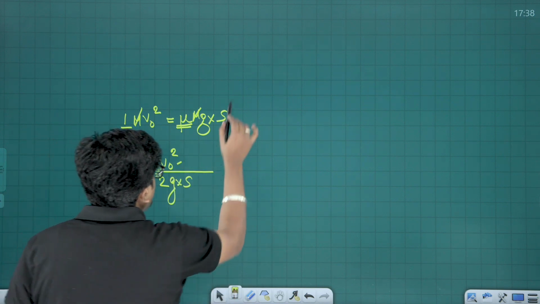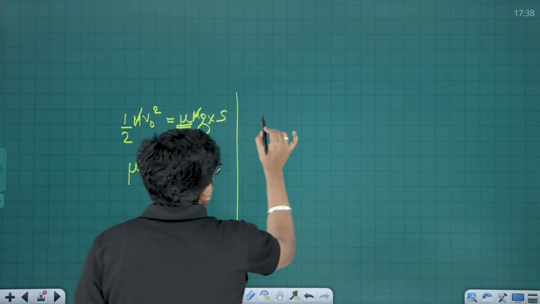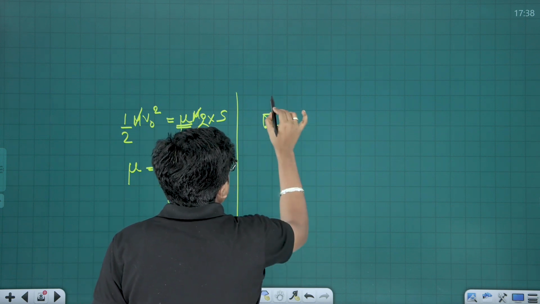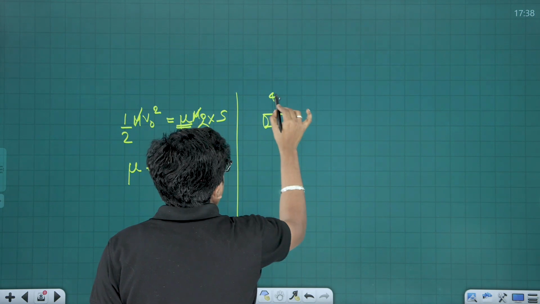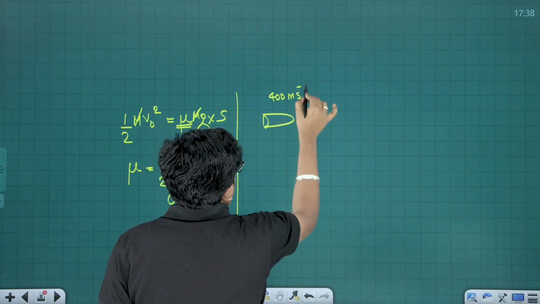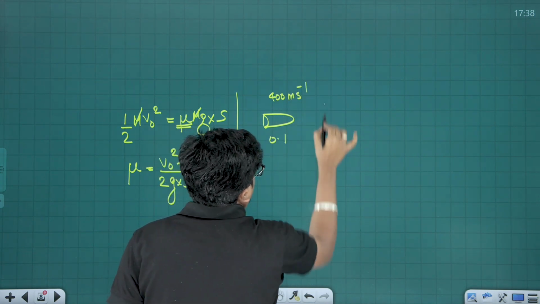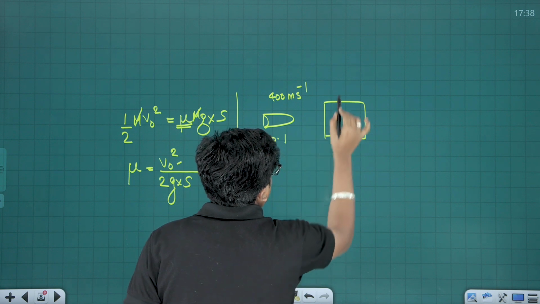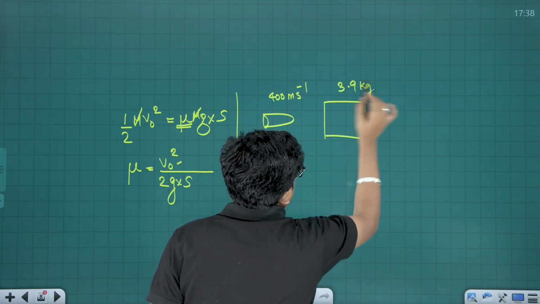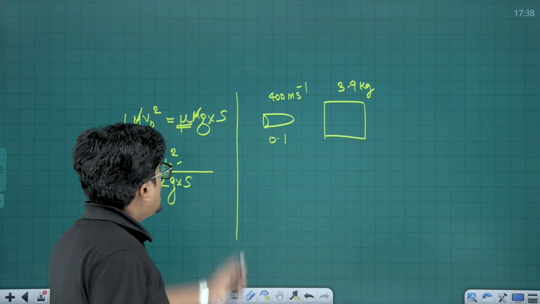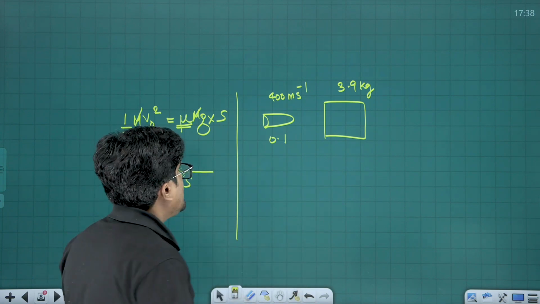So for that, this is the bullet which was coming with a speed of 400 meter per second, and the mass of this bullet was 0.1 kg, and this was the block, and the mass of this one was 3.9 kg, and this was at a state of rest. So what is the initial linear momentum of the system?